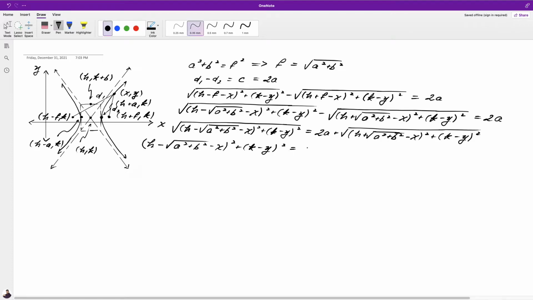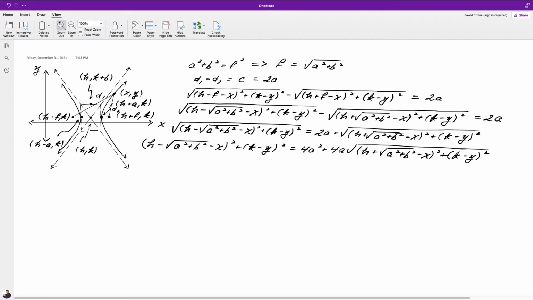Okay, right-hand side is going to become 4a squared plus, it's going to be 2a times all of this times 2, so that's going to give us 4a times the square root of, it's going to be h plus the square root of a squared plus b squared minus x all squared plus k minus y all, of course, squared.